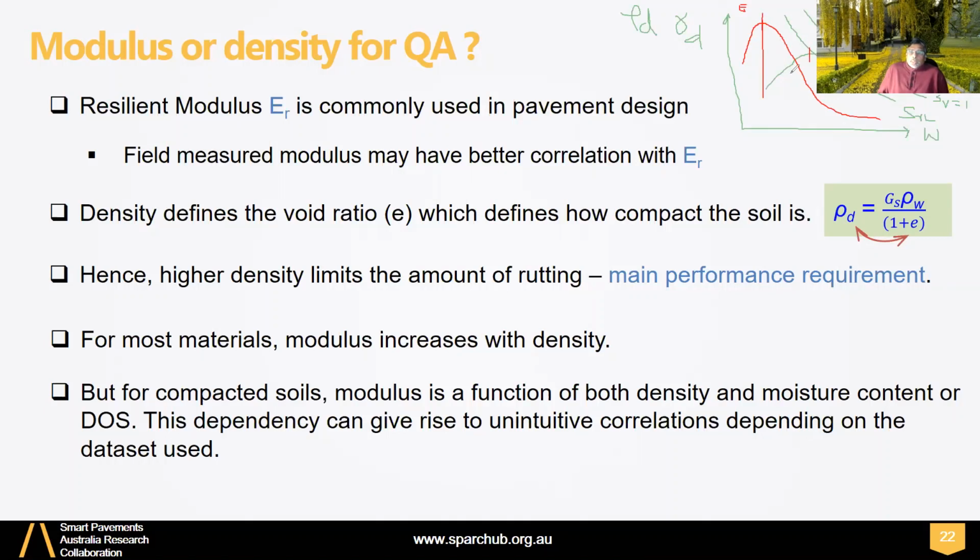So during this region, if I try to correlate modulus and density, see, density is going down, modulus is going up. So you get a negative correlation, right? Modulus is going up, density is going down. But in this region, density is going down, modulus is going down, you get a positive correlation.